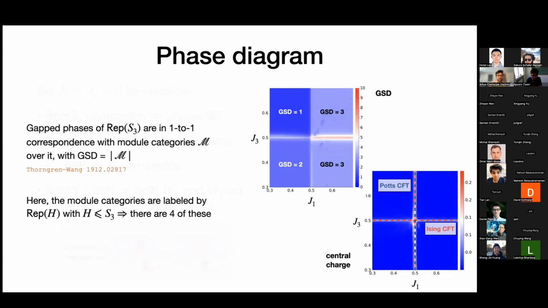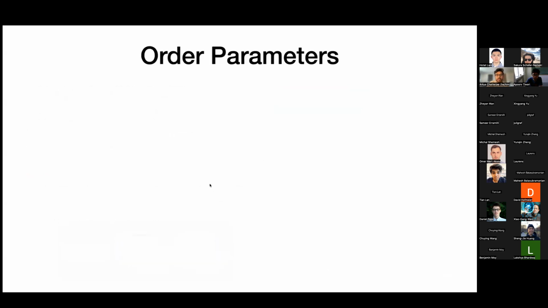In this case, for Rep S3, there are 4 of them labeled by Rep H, where H is a subgroup of S3. There's 4 of those, for conjugacy classes of subgroups. So these 4 phases are in one-to-one correspondence with them.